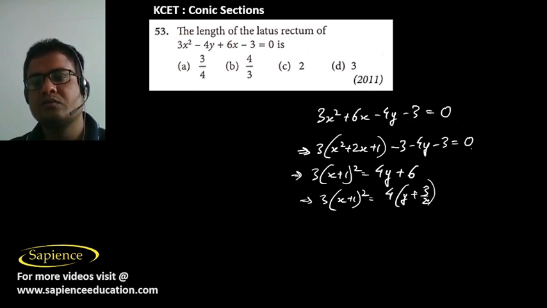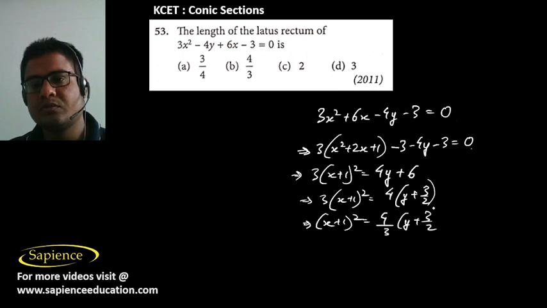So this we can write x plus 1 whole square, that is equal to 4 by 3 into y plus 3 by 2.